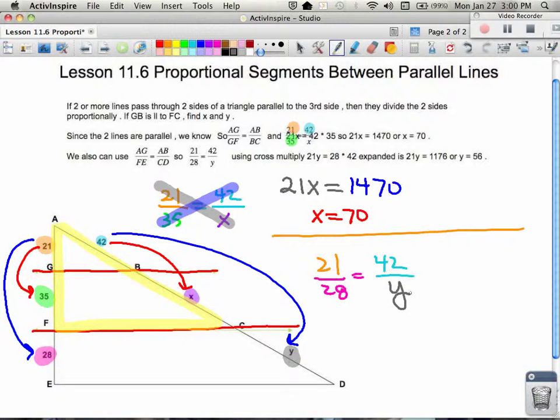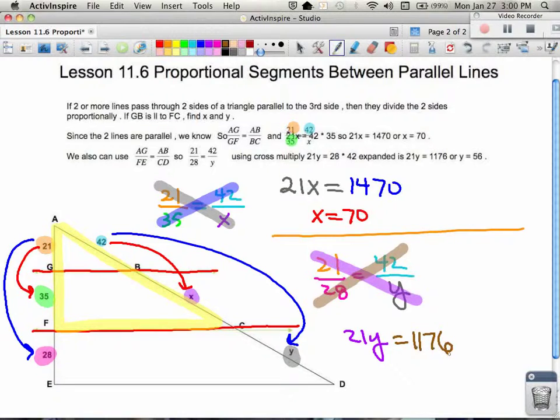Then when we cross multiply, if I take my 21 times y, that gives me 21y. And then I take 42 times 28, and 42 times 28 is 1176.